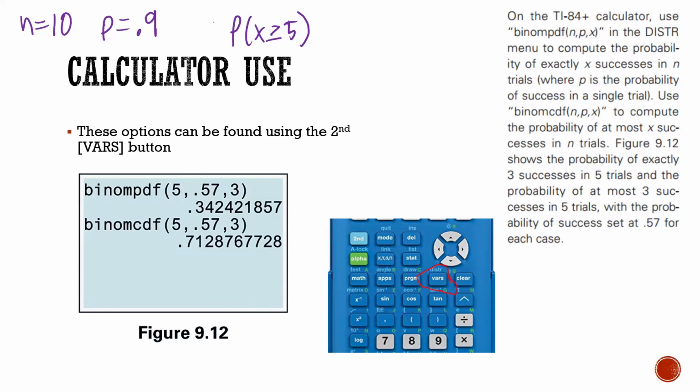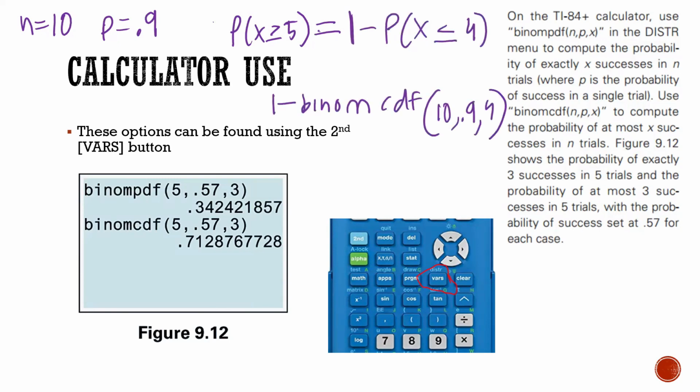What's the complement of an event? The opposite, right? So they're either 5 or more. Well, no, because 5 would overlap then. Let me show you what I'm doing here, right? Suppose these are the numbers, 10 trials, probability of success 90%, so 0.9.